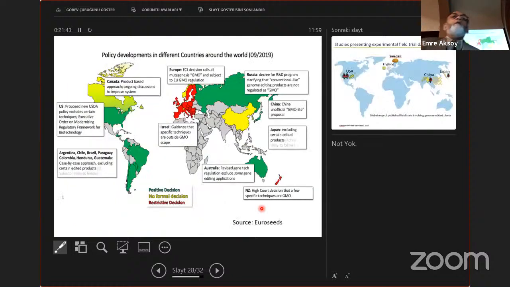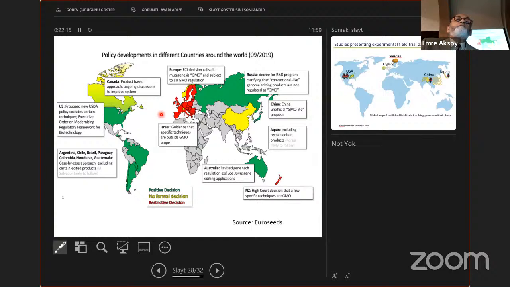Then these are the policy developments in different countries around the world. We can see from this slide that green shows positive decisions in these countries. They are thinking to accept this technology. In yellow, there is no firm decision yet, and red shows restrictive decisions.